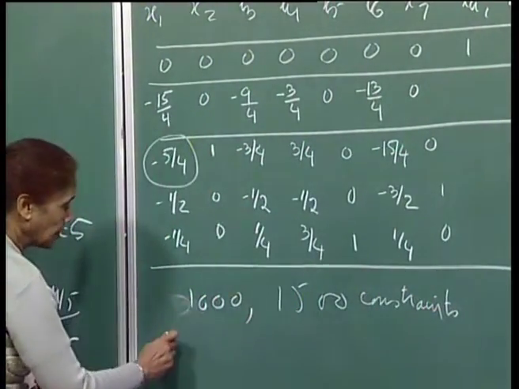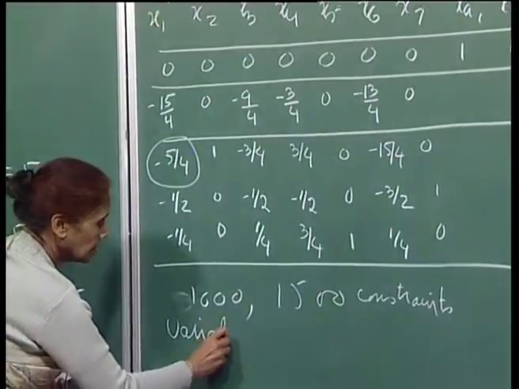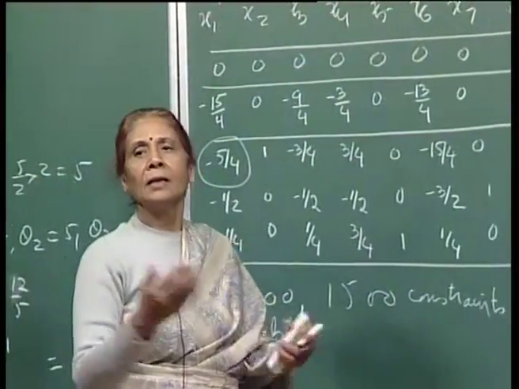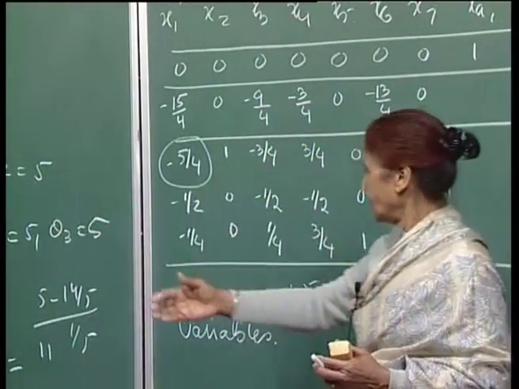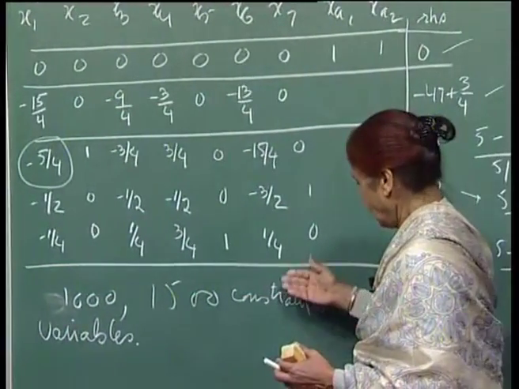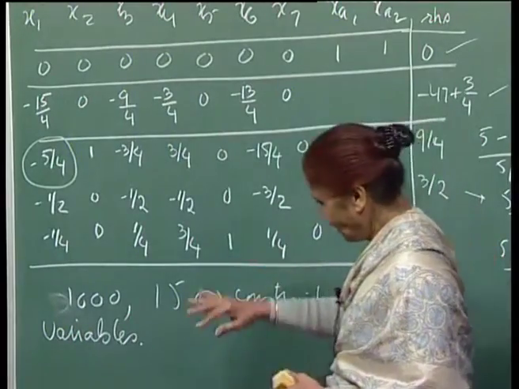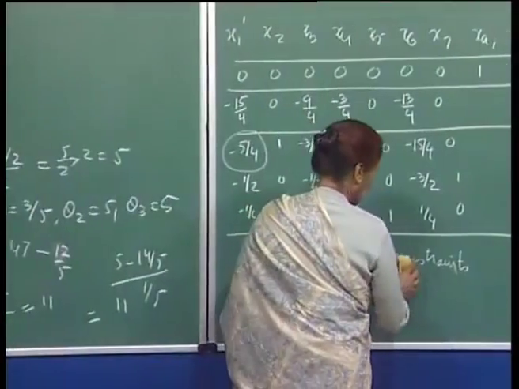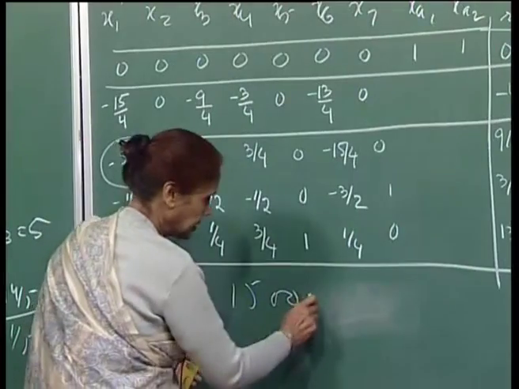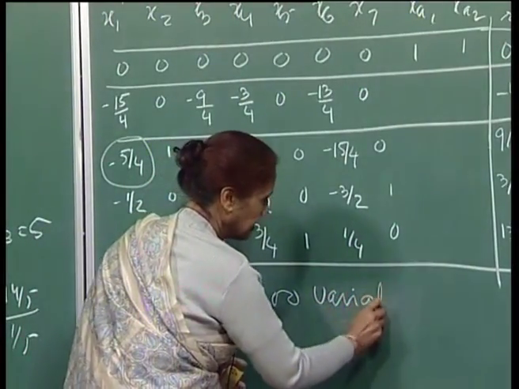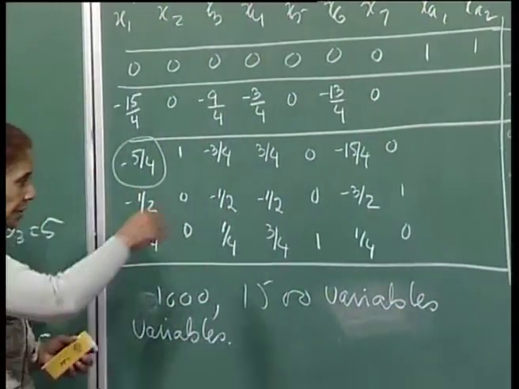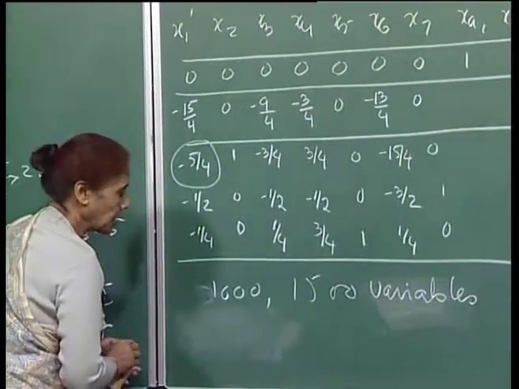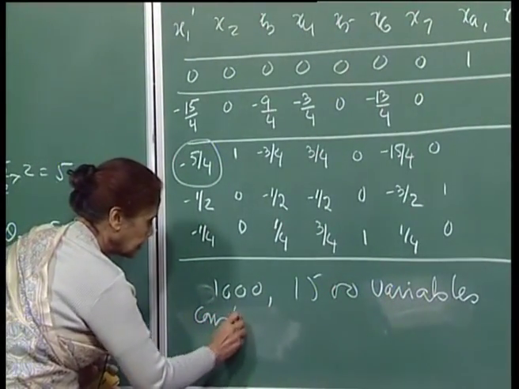Even in a computer, you do not expect the computer to have to carry all of this. Sorry, I should say it the other way: the number of variables is always more than the number of constraints, so you have 1500 variables and 1000 constraints.